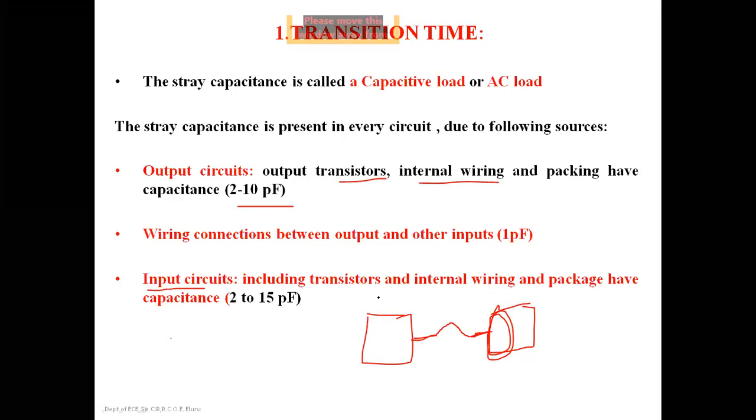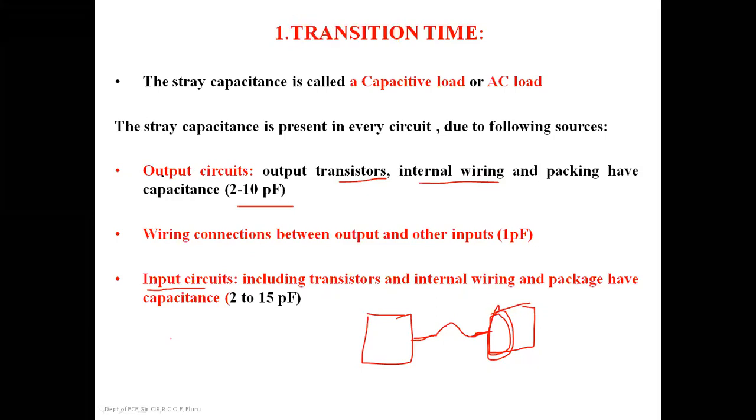The transistor has three terminals, source, drain and gate, and between the terminals there is also a probability of stray capacitance. That will also be taken into consideration, along with the internal wiring and packaging. All together, it gives the stray capacitance at the input stage.